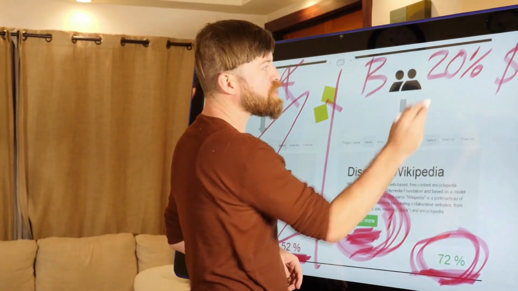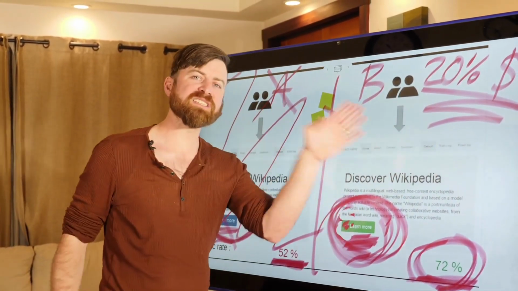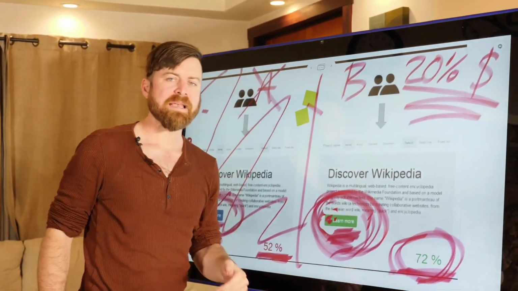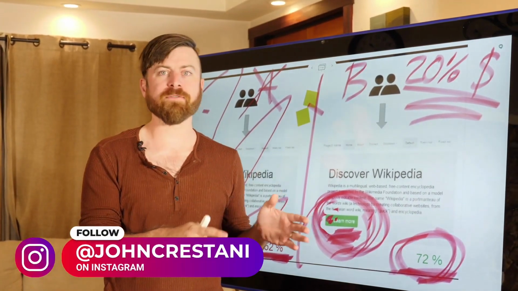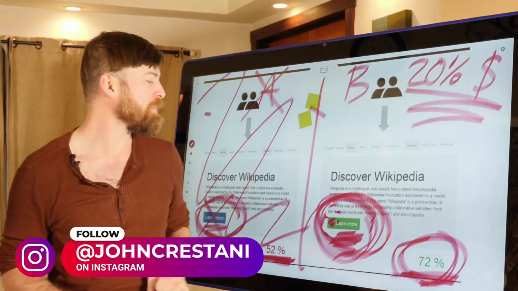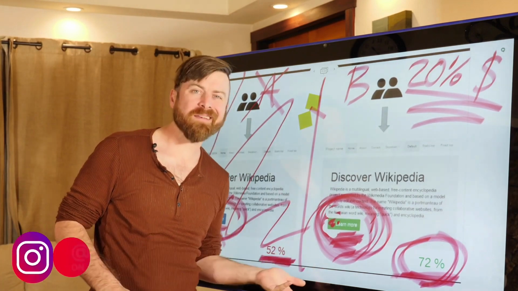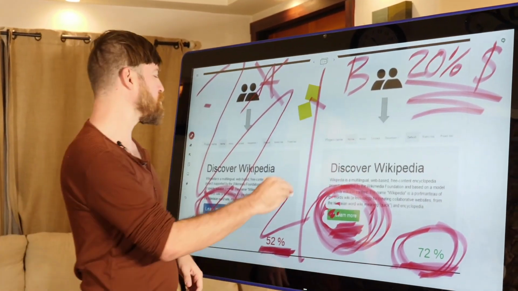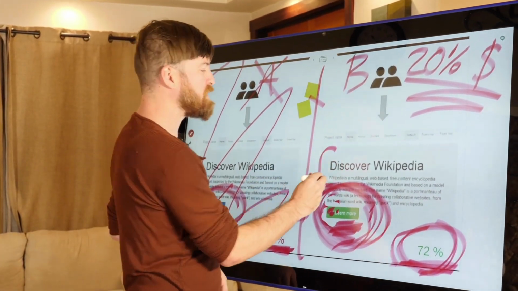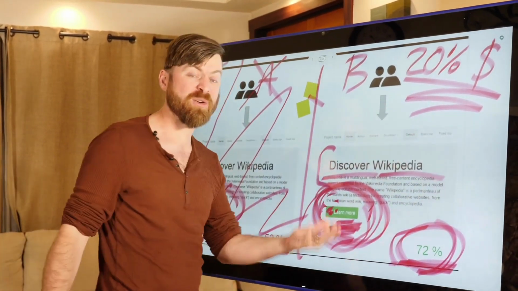Wikipedia, just by changing the color of their button, received 20% more money. Now, if you could receive $100 or if you could receive $120 simply by changing a color on a button, imagine how many more gains you could get by changing the headline. Instead of saying discover Wikipedia, maybe there's a better way of phrasing that.